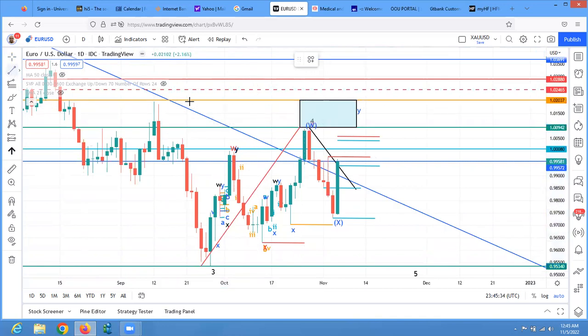And this now becomes the new move to the downside here. So we're going to see another equal leg of this to the upside. That's what I'm saying now.